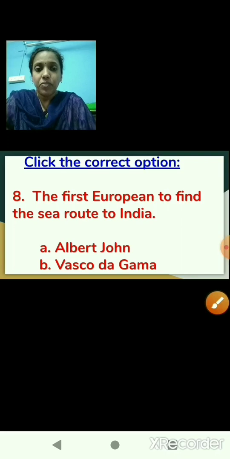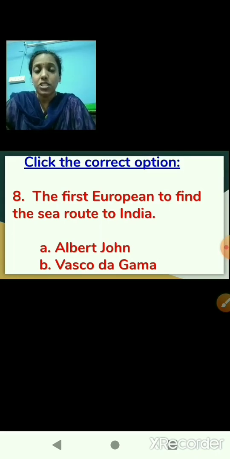Next, here we will switch to the next head question, that is click the correct option. Number 8 will continue. The first European to find the sea route to India. I'm sure, children, that you are aware of the answer. A is Albert John and B is Vasco da Gama.